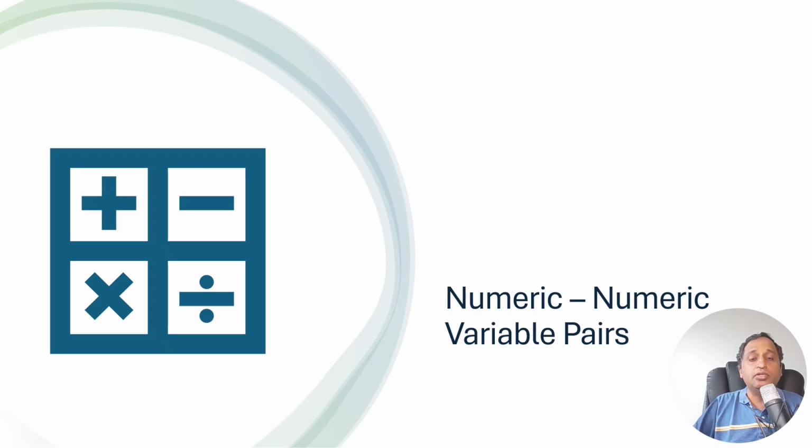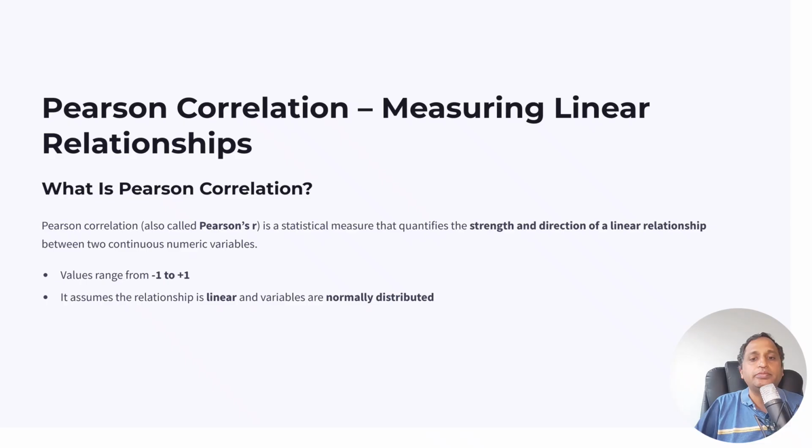Next, we'll explore numeric variable pairs, like what are some techniques to identify the relationship between two numeric variables or features. Now let's talk about one of the most widely used tools in bivariate analysis, Pearson correlation.